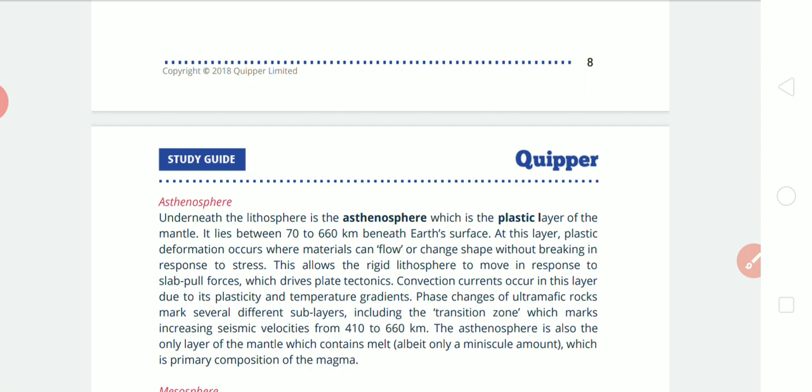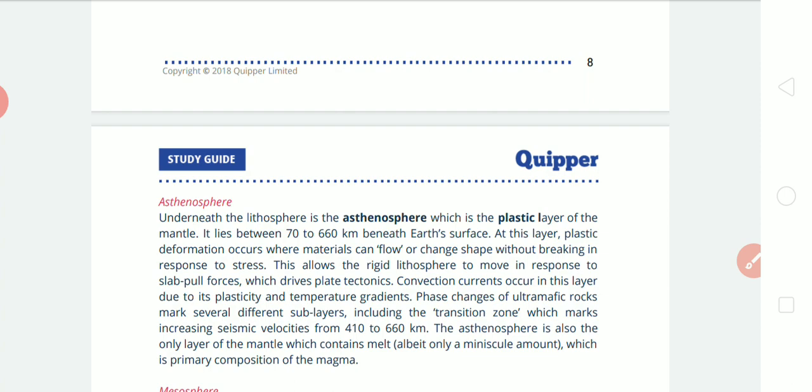So the asthenosphere is totally unique in a way that it continuously deforms. It deforms or changes shape without breaking. It is very sensitive and responds easily to energy coming from the core, from the inner core.